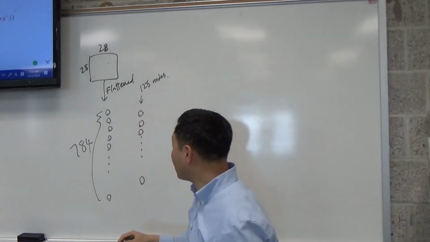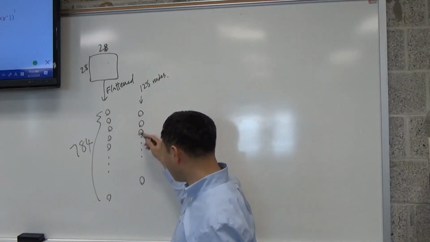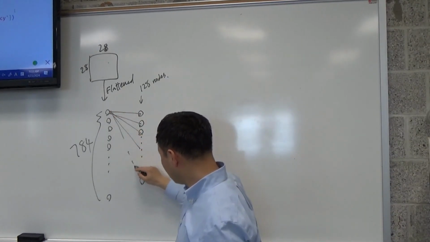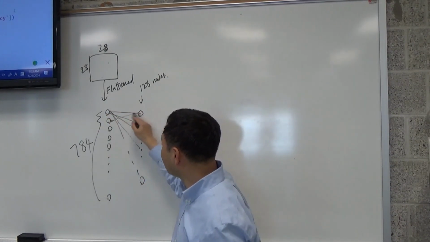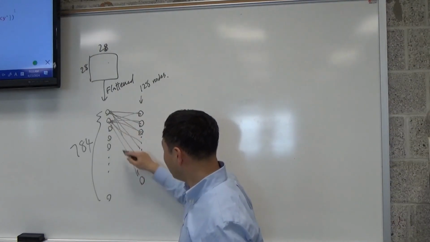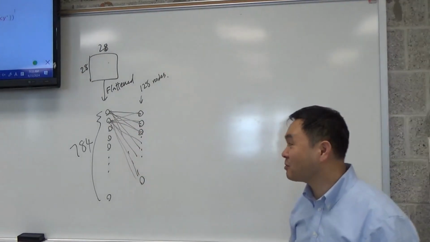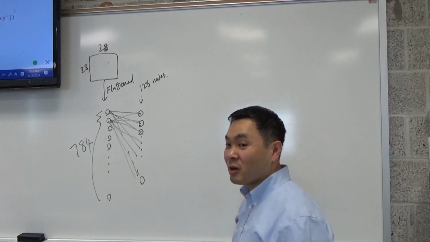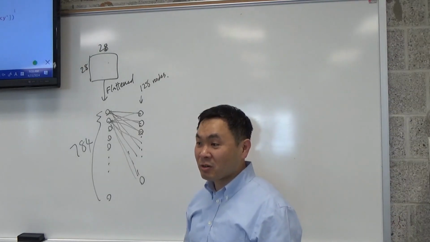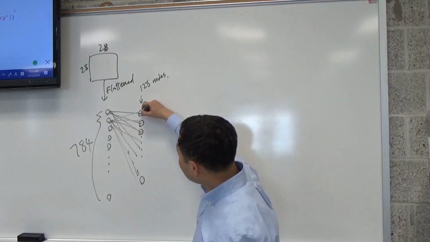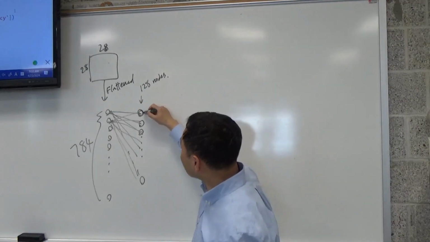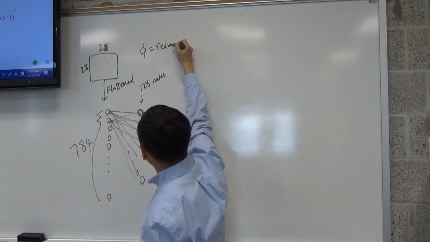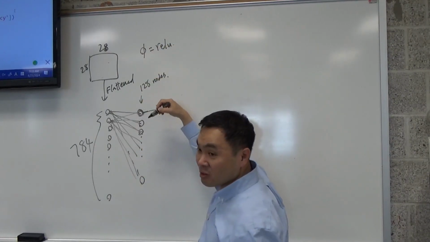Because it's a dense layer, every input gets sent into the next layer. So it's like here, here, here, here. One nice exercise is to think about how many parameters are in each of the nodes. If I say phi is the ReLU function, how is this output computed?